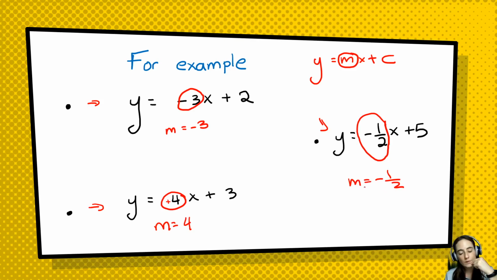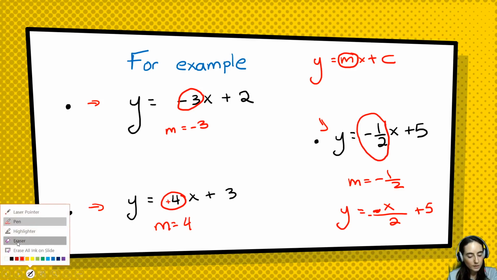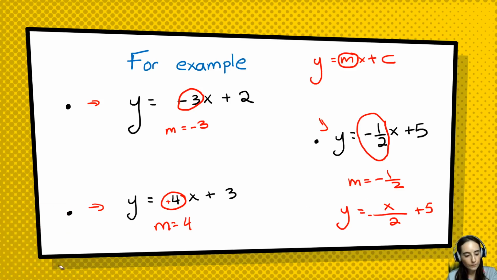Now, this specific equation can also appear in a slightly different way, so let me just rewrite this. It could appear like this: y equals minus x over 2 plus 5.